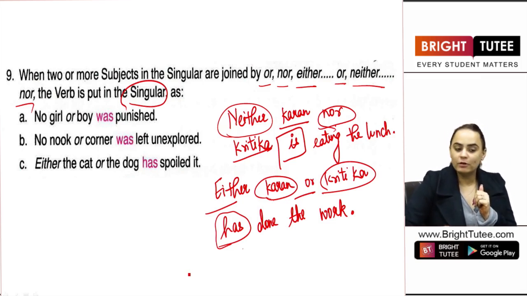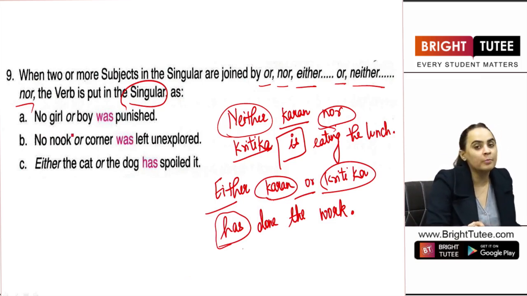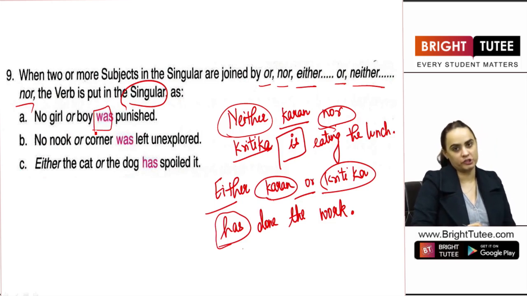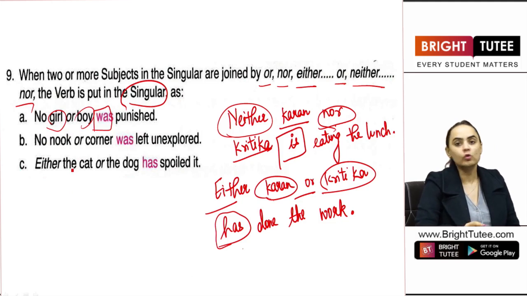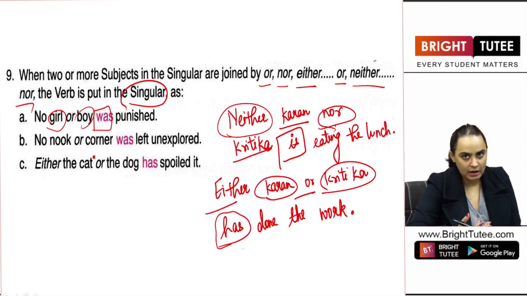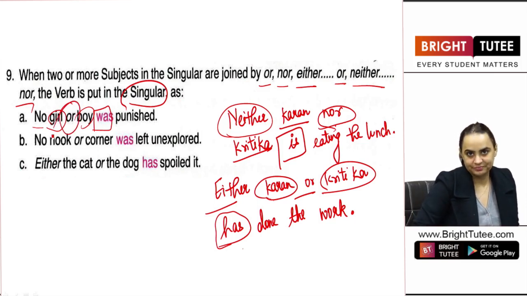Let us look at some of the examples given in your book. No girl or boy was punished. Girl and boy are two subjects, two singular nouns, right? And these two singular nouns are joined with one another using the conjunction or.